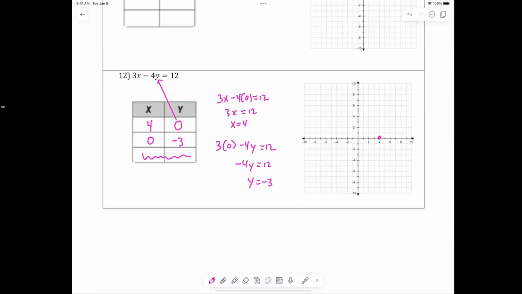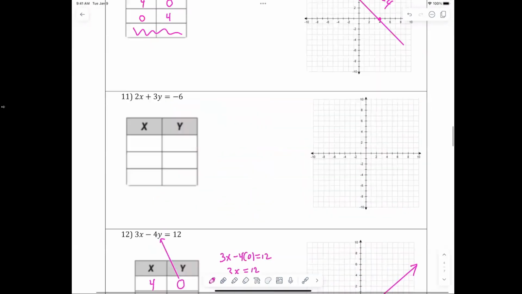Does everybody understand why that's called the x-intercept? Because that's where it crosses the axis. Where's 0, negative 3? Right down here. Now we draw that line. Put arrows. That's how simple it is. Graphing using intercepts.